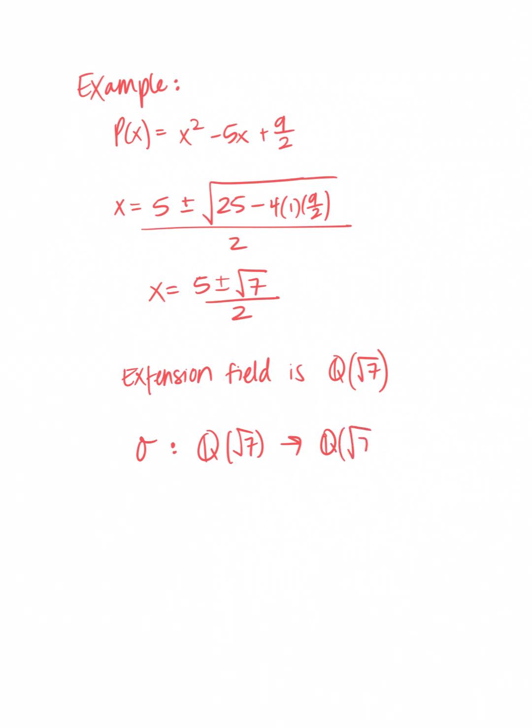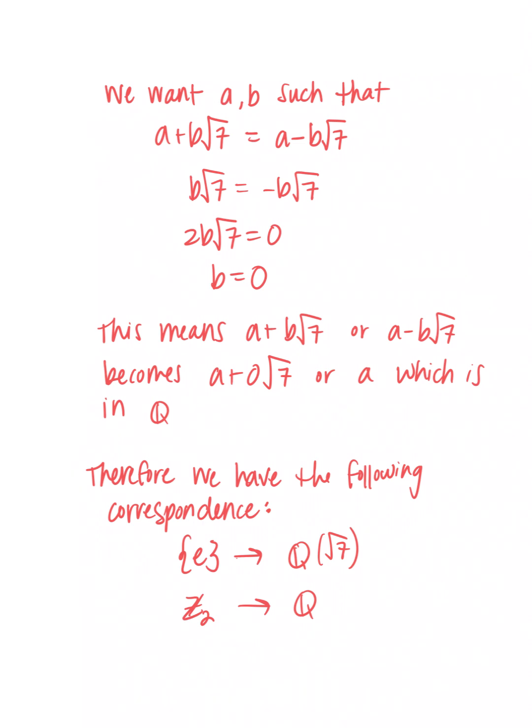And a plus b root 7 goes to its conjugate, a minus b root 7. So again, to include the roots of p of x, we need an extension field as defined to talk about those roots of the polynomial. By definition, we know e fixes the whole field, Q of root 7.